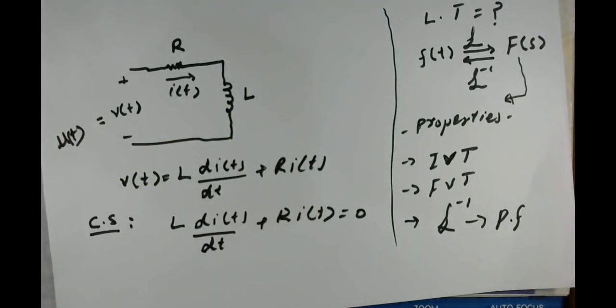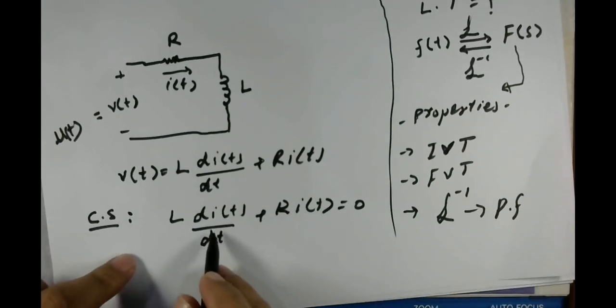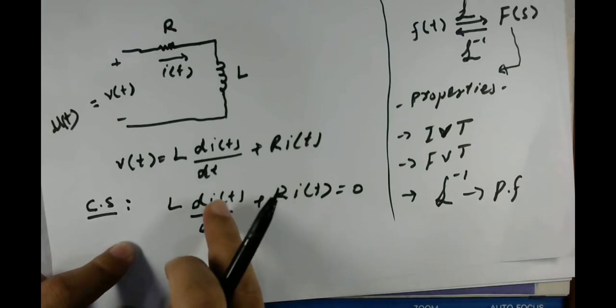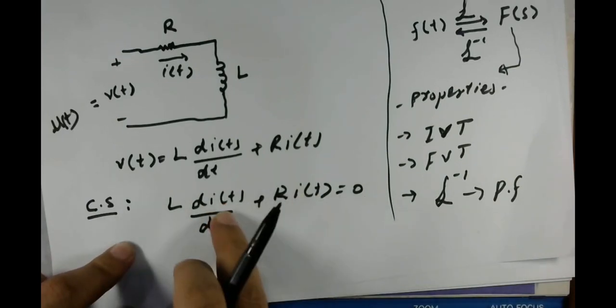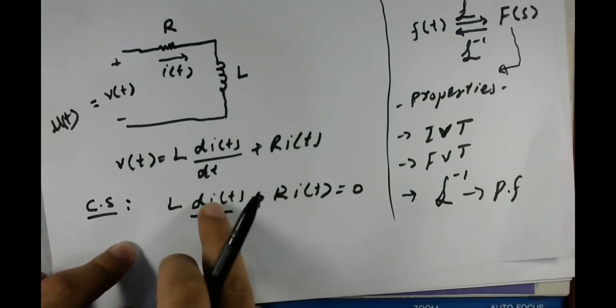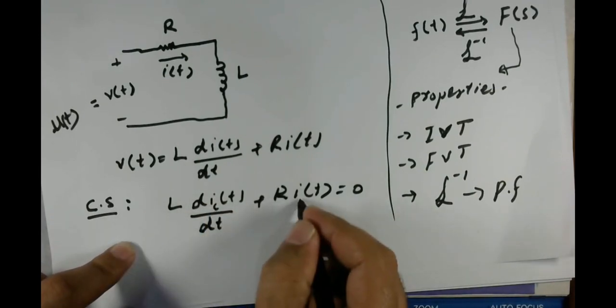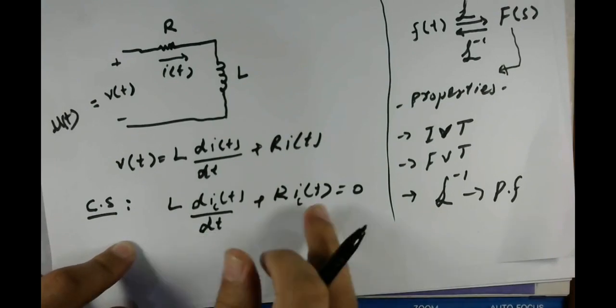Now you need to solve this to find I of t. When you find I of t from this equation, it will be the complementary solution, so instead of I we put IC here.